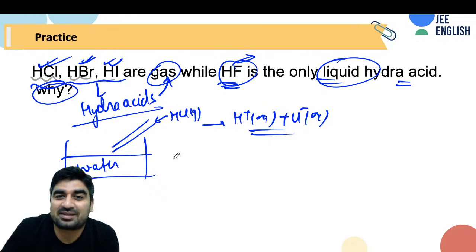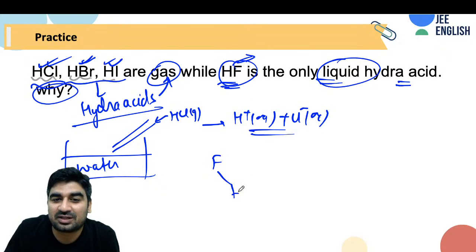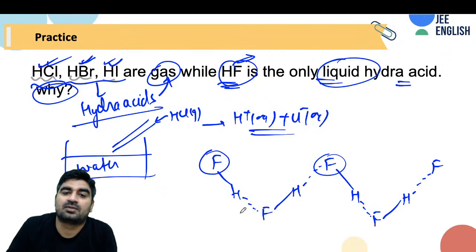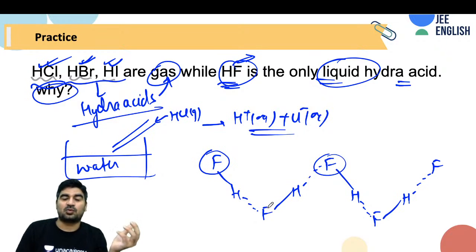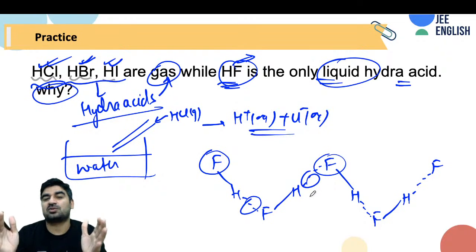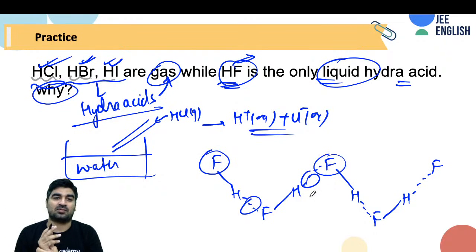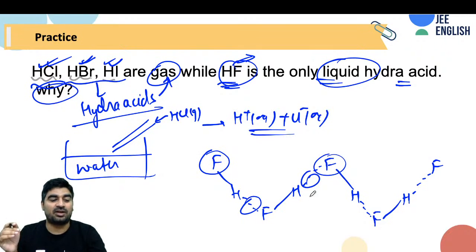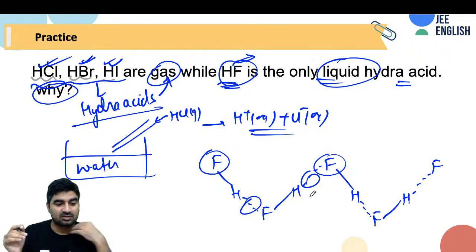Because today's topic is hydrogen bonding, you now know that in HF we have hydrogen bonding. Due to this hydrogen bonding, HF molecules are held together by relatively stronger forces. No such hydrogen bonding is possible in HCl, HBr and HI. So they are gases and HF is liquid at room temperature. Got it?